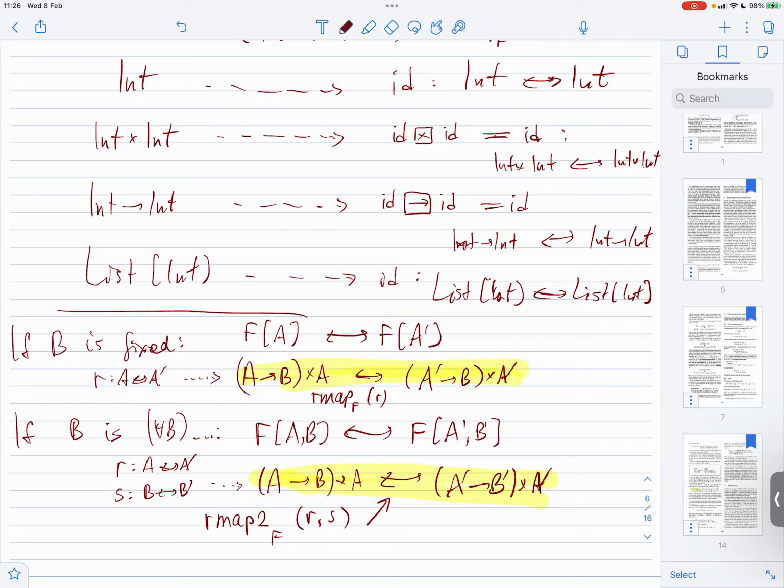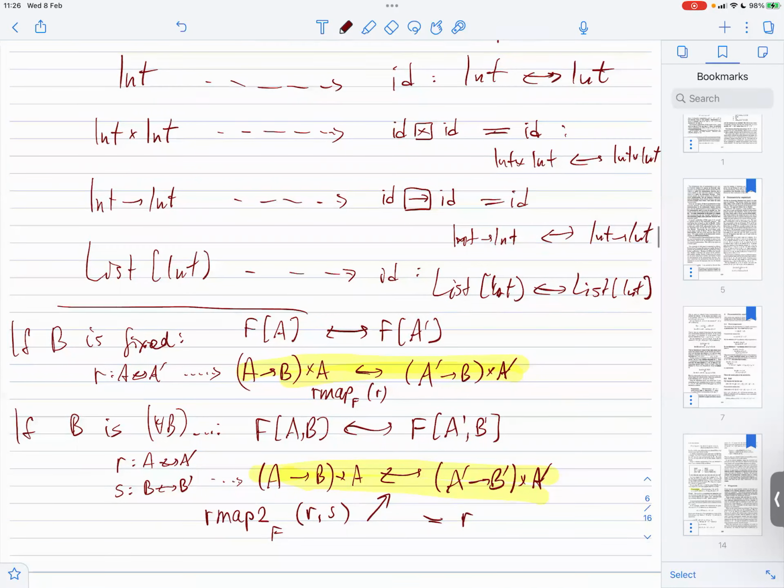And then you say, oh, but what if I just take an identity relation instead of S and B is equal to B prime? Well, it's supposed to be the same thing. Yes, so then you have to prove that the lifting procedure actually is the same. Sorry, let me make it clear.